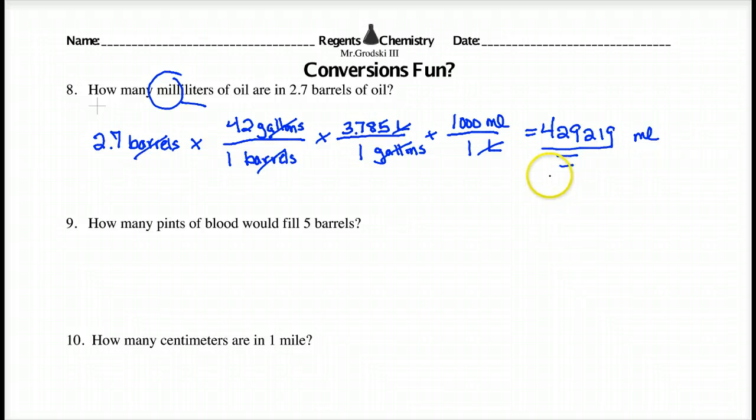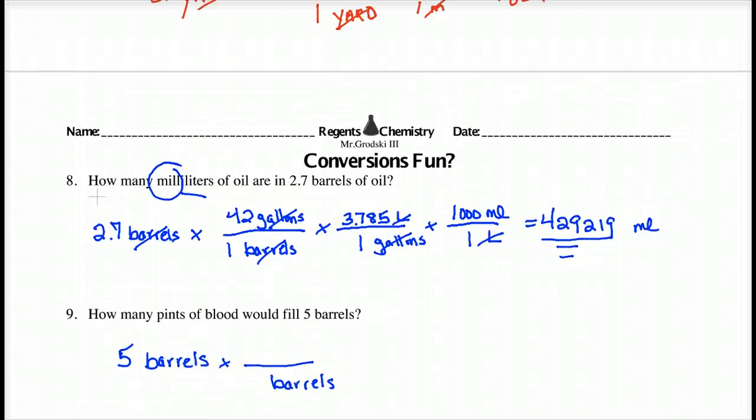Okay, in any case, how many pints of blood would fill 5 barrels? Why not do that one? So I have 5 barrels, and I want to get rid of barrels, so barrels go below. It would be nice if I had a pint to a barrel, but I don't think I made it that easy. How about a pint?